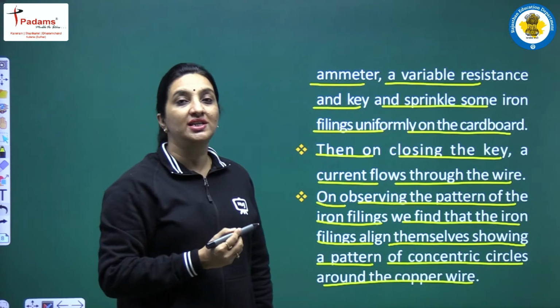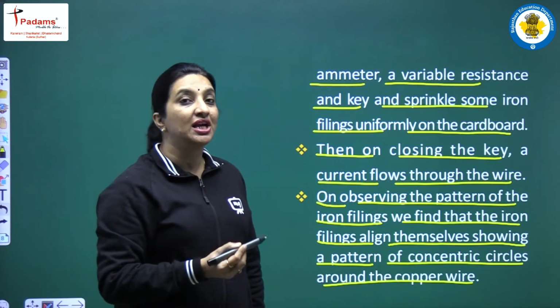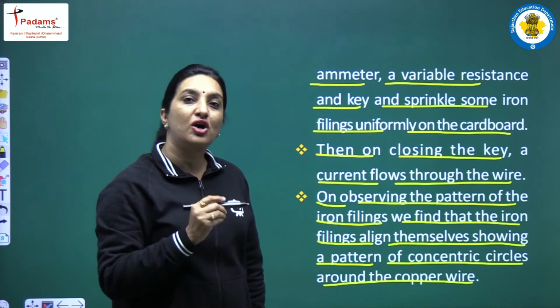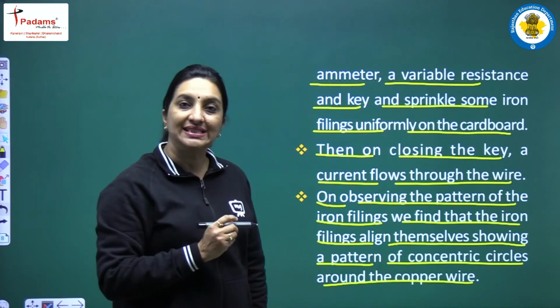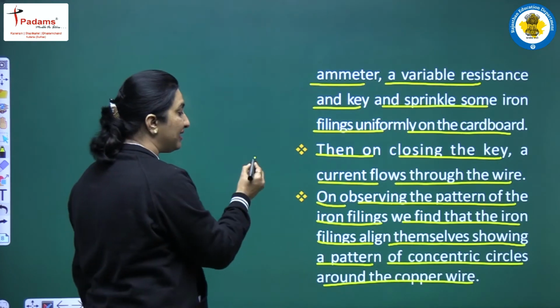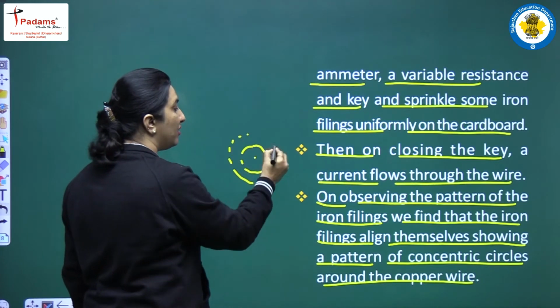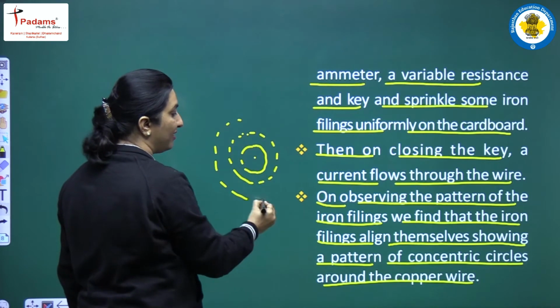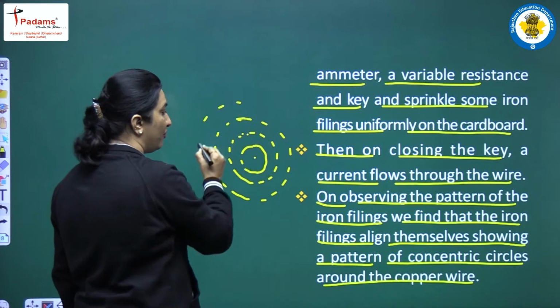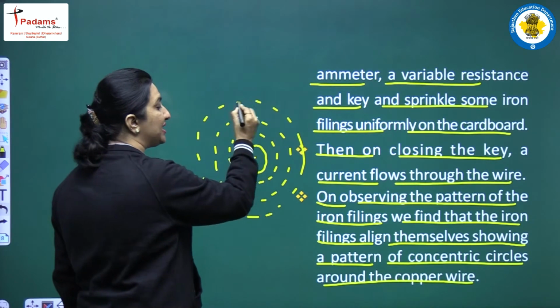Now students, what does the word concentric circle mean? It means all the circles having a common center, the same center. So if this is the center, then all the circles drawn with different radii with the same center are known as concentric circles.